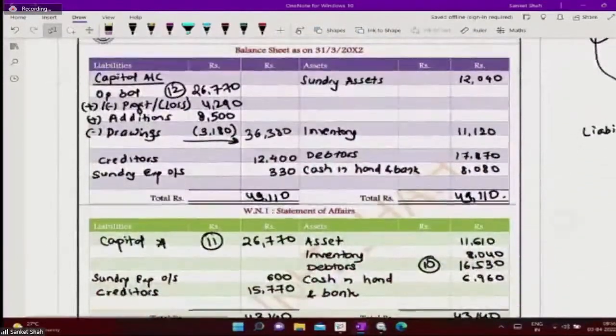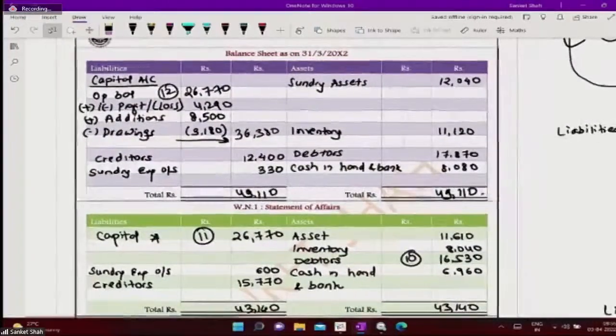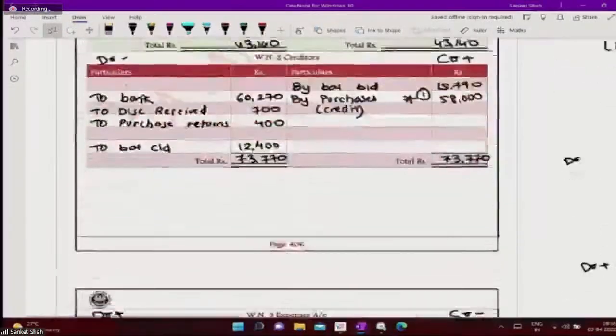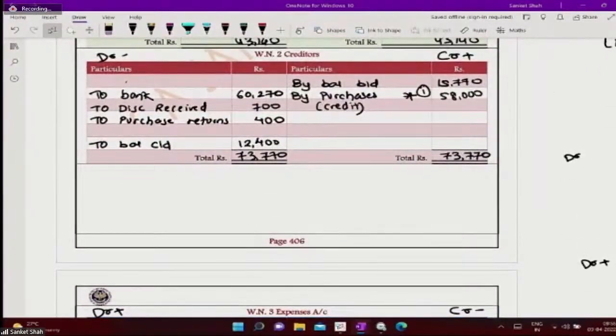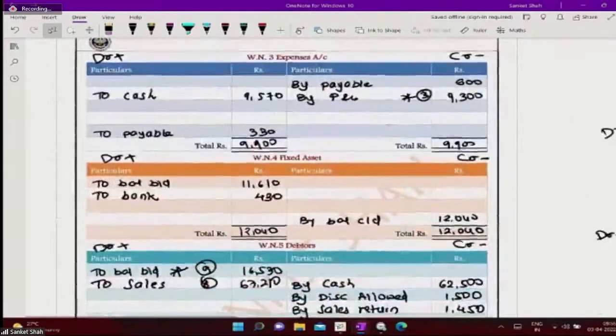Balance sheet. Then creditors. Then expense account.